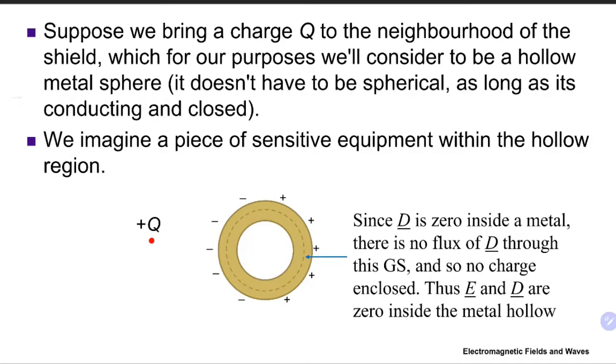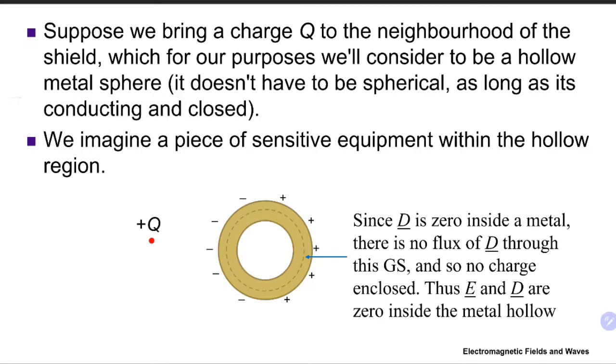Okay, so if I draw my Gaussian surface inside there, Q enclosed is still equal to 0, and therefore there's no electric charge density or electric field inside these hollow bits of my conducting ball. And therefore if you put any equipment inside there, whatever happens outside will not have any influence on what is inside. So this is known as a Faraday cage.